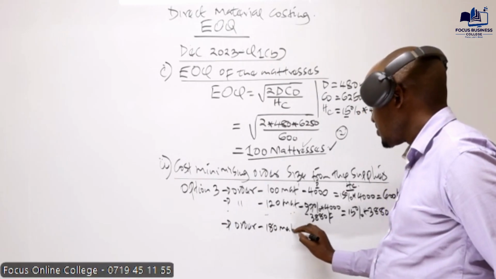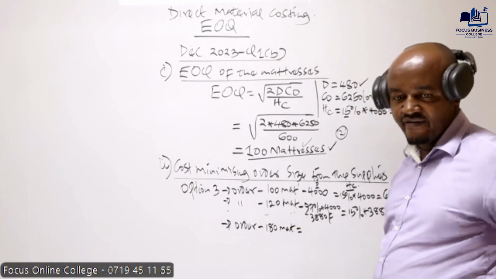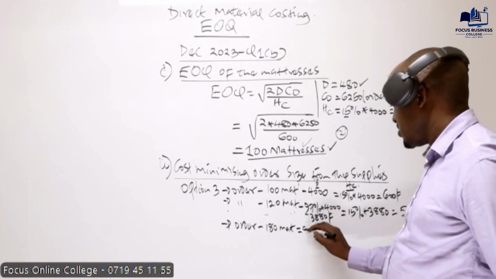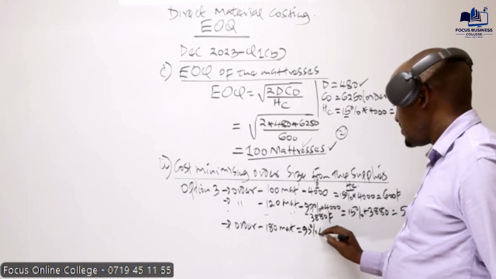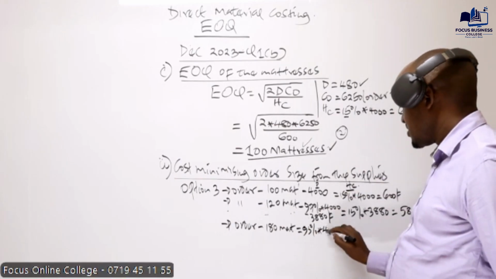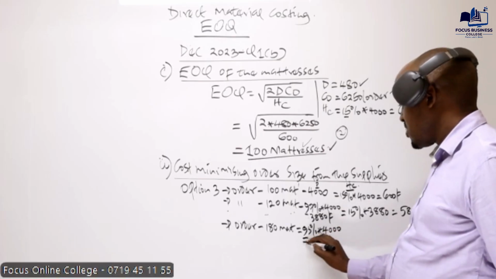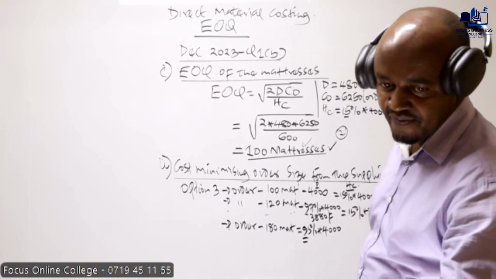So we do the same for the other order size, which is the company ordering 180 mattresses. Here the company will get a 5% discount, which means the purchase price here will be 95% of 4,000. So how much will be the purchase price?